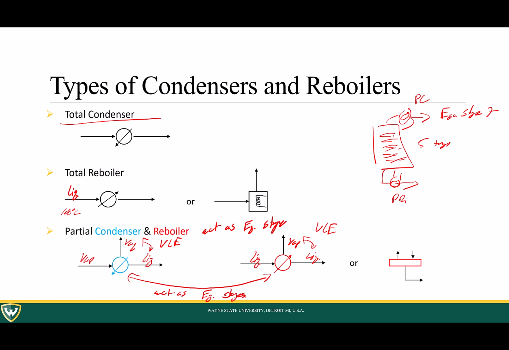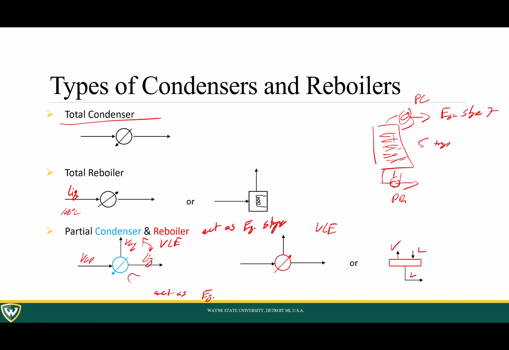Okay? And then here's also another way that you can draw a partial reboiler. It's the same effect. You have liquid coming in, you have liquid coming out, and then you have vapor. Okay? So I just want to reiterate it one more time with the partial reboiler.